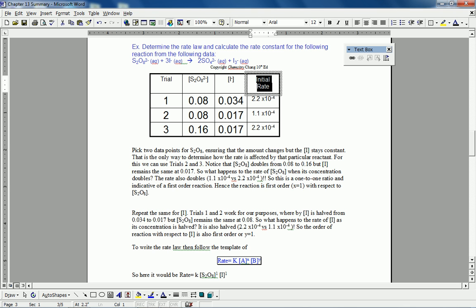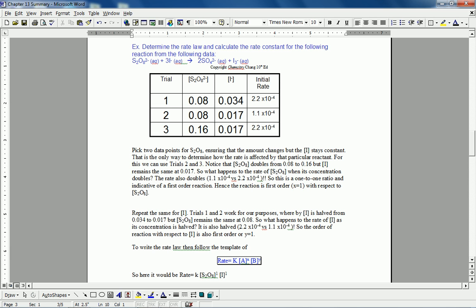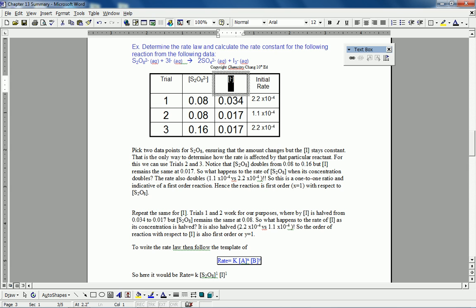I'll know that the change in rate is directly attributed to the change in S2O8's concentration, not I minus, because I'm going to pick two points in which I minus will remain constant and only S2O8 will be varied. And then I'll do the exact same and switch it up when I try to determine the order with respect to reactant I minus.